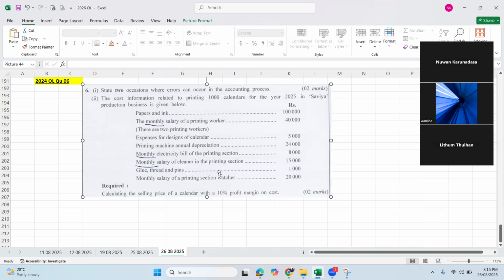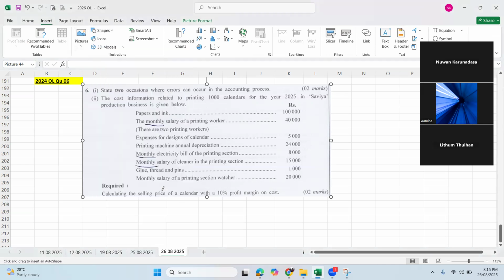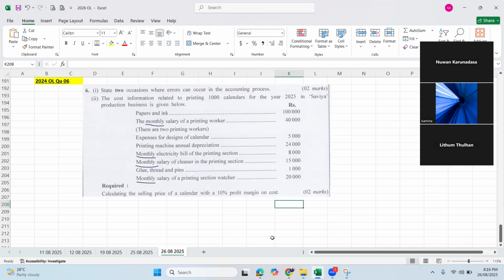Glue, thread, and the pins. Monthly salary of the printing section watcher. Again, that is production overhead, monthly. So here they have given the year, therefore you must multiply everything by 12. The cost information relating to printing of 1,000 calendars for a year.